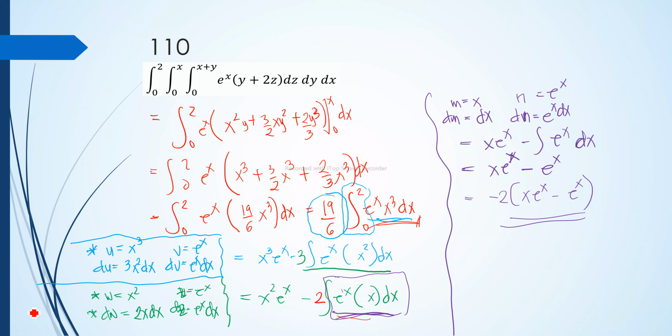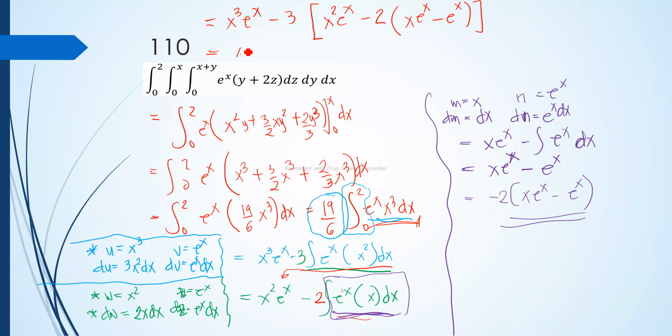So the solution is getting long. And then, this one is equal to that one. Let's write it on top. We have the x cubed e to the x minus 3 times x squared e to the x, minus 2 times x e to the x minus e to the x.